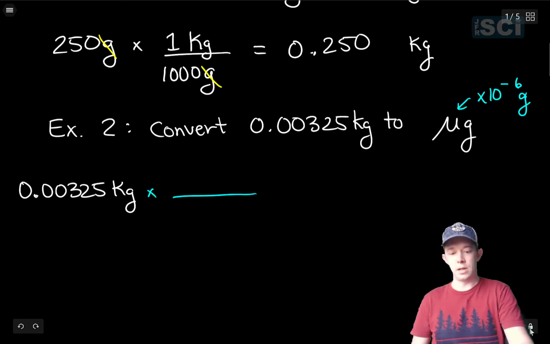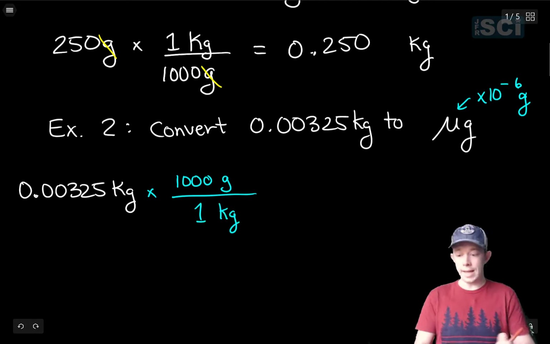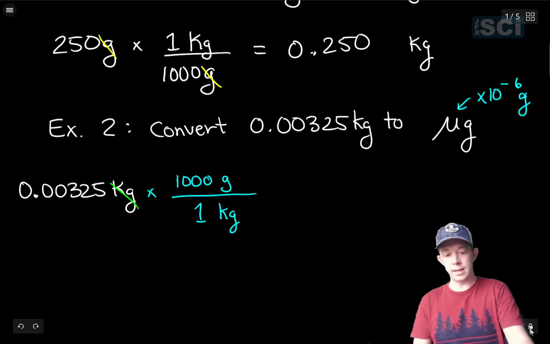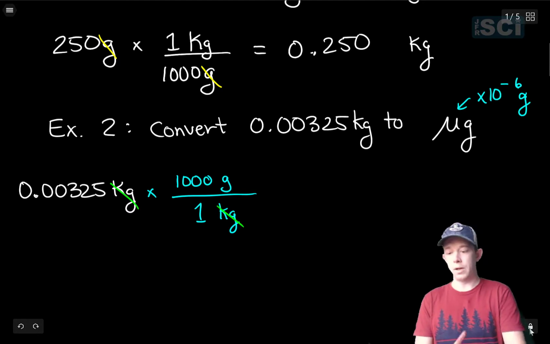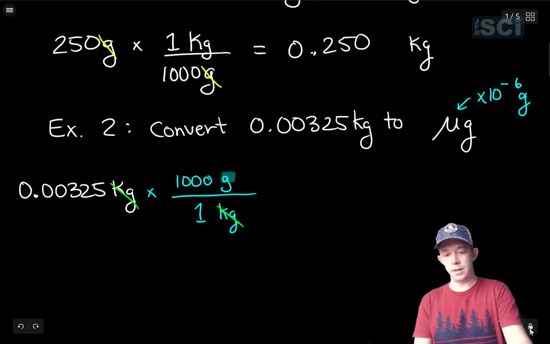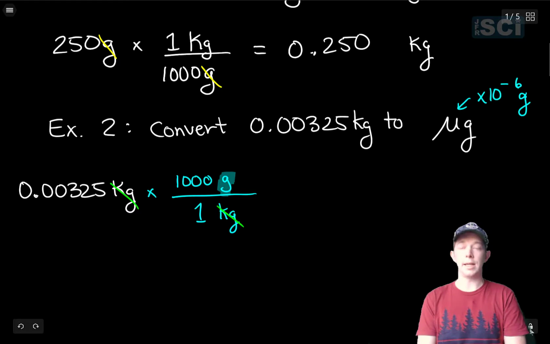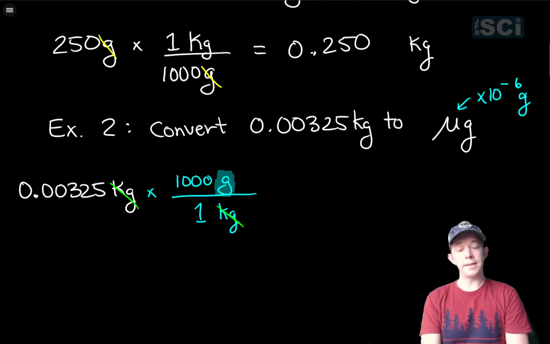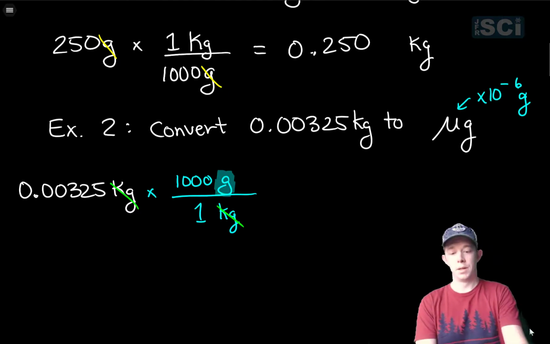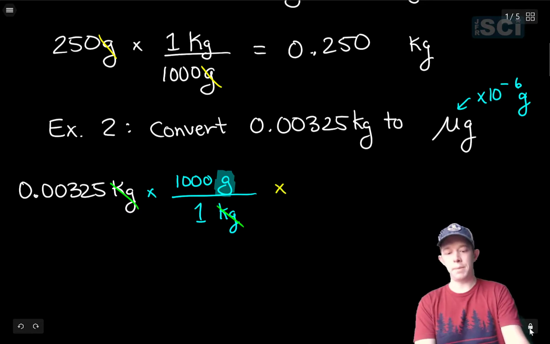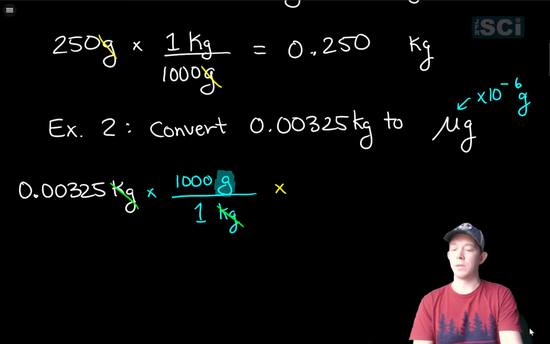So I'm going to say 1,000 grams is 1 kilogram, and I'm again setting up my units so that they divide to 1. Now, if I look at just the units I have right now, I would have simply a gram. So let's get this to micrograms. How many micrograms are there in a gram?